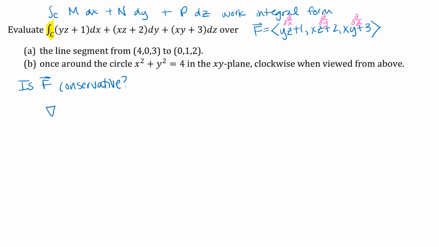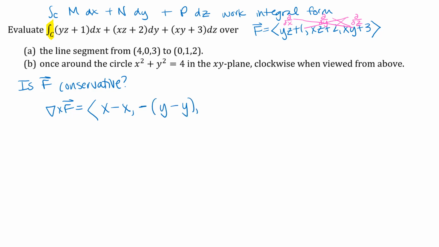So the curl vector, in the i component we will have the partial derivative with respect to y of xy plus 3, minus the partial derivative with respect to z of xz plus 2. And then in the j component I will do partial derivative with respect to x of my P function minus partial derivative with respect to z of my M function, and don't forget the minus sign out front.